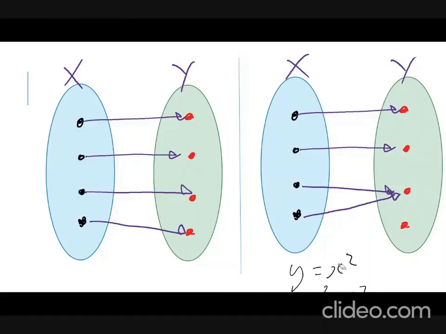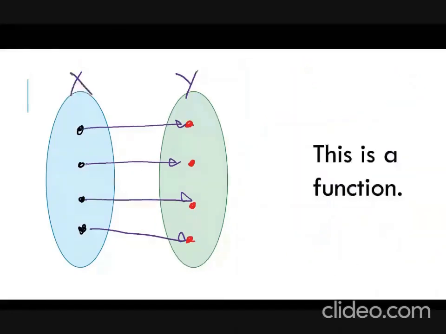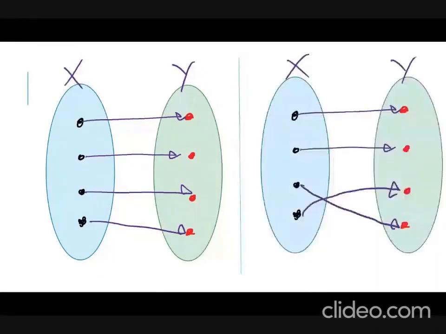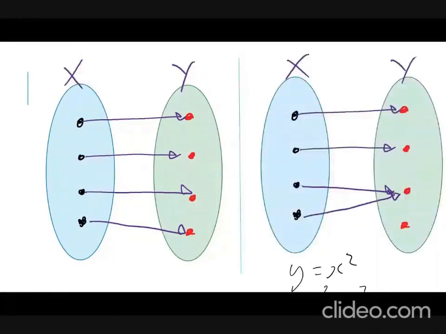This is also a function. Ignore the writing at the bottom, it's from area. Okay, so this is a function. This is also a function. This is a function. This is not a function. This is no longer a function.